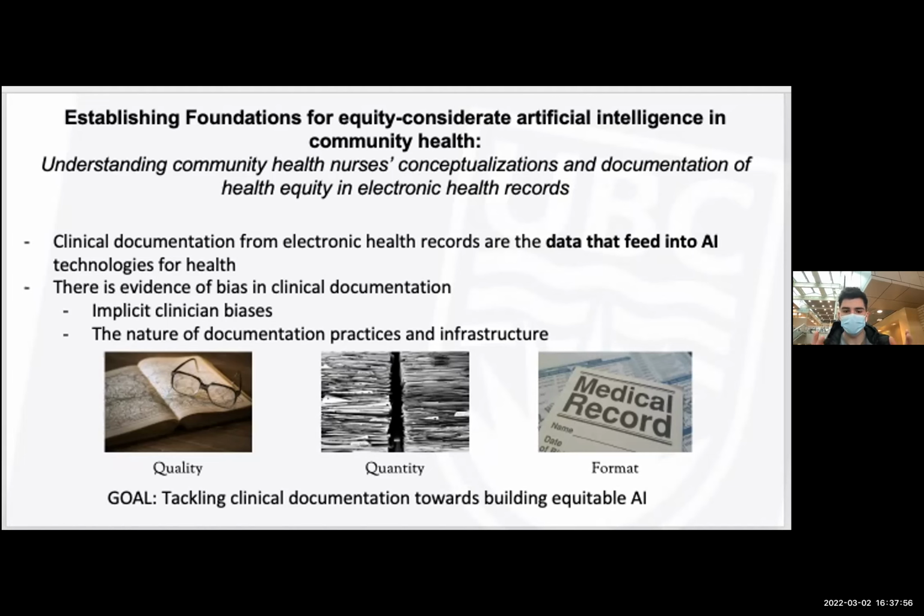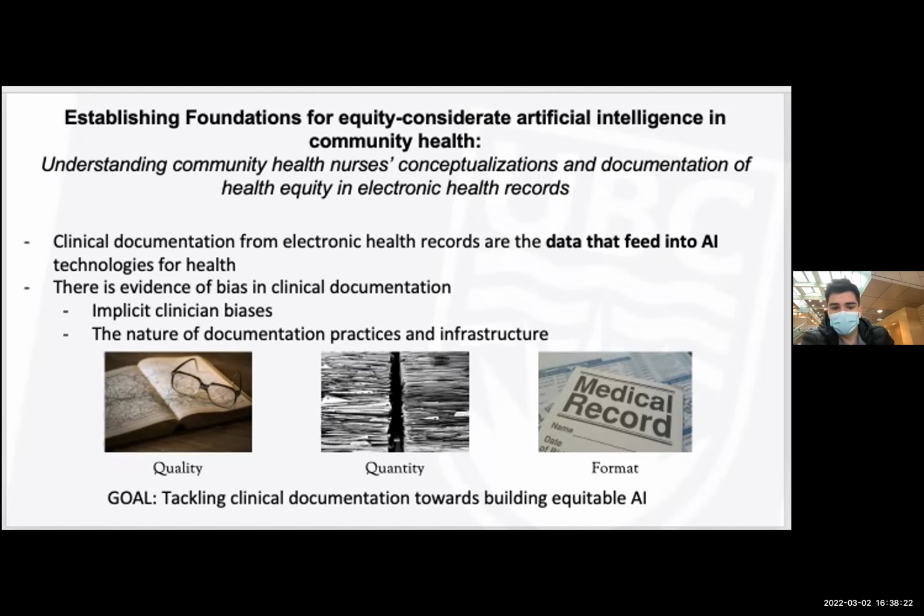Crucial characteristics of this data are its quality, its quantity, and the format that it's captured within the electronic health records, which is used in a lot of medical settings, especially for nurses. A challenge with this clinical documentation is the potential for it to transfer implicit clinician biases within the documentation.